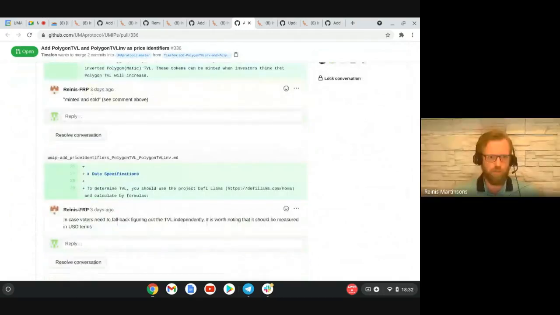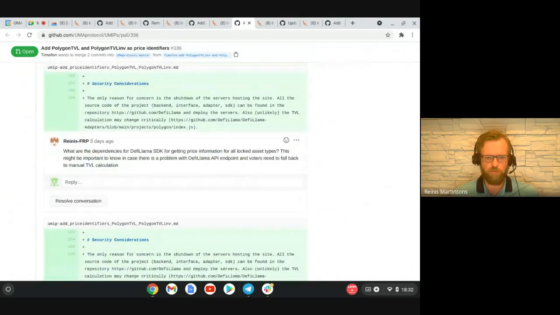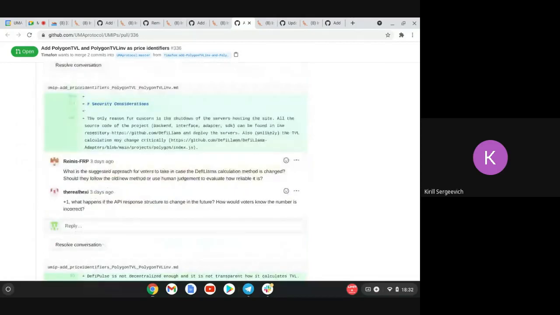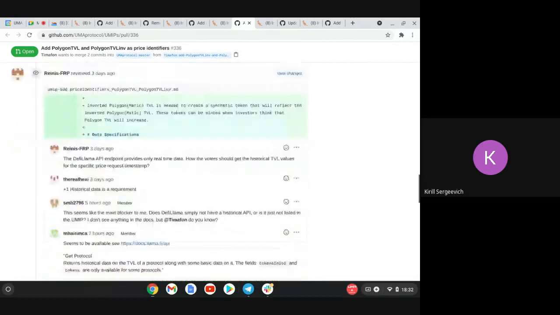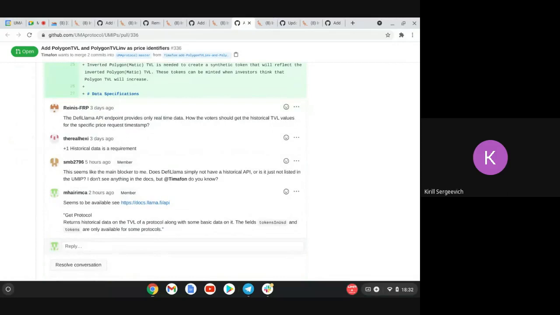Yes, I think the major one was getting some guidance on how the voters could handle it in case this central API is not available, and also making sure this historical data is available. As I understand, DeFi Llama gives the historical data about TVL, and about problems with the API, I'm not sure what we can do.